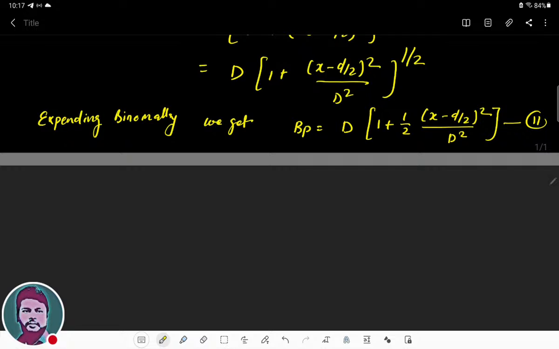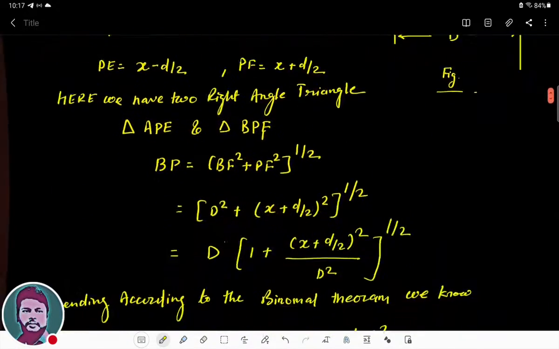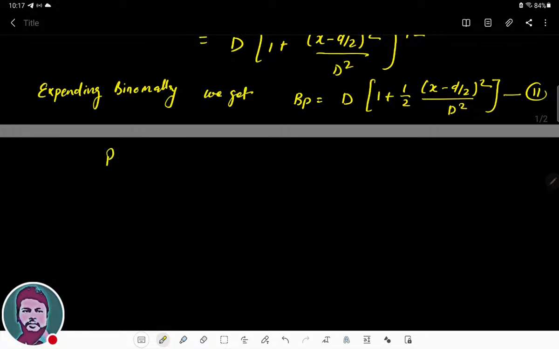Now, how to find the path difference? We know it is BP minus AP. Now put in the values of BP and AP. So the path difference is equal to BP minus AP.